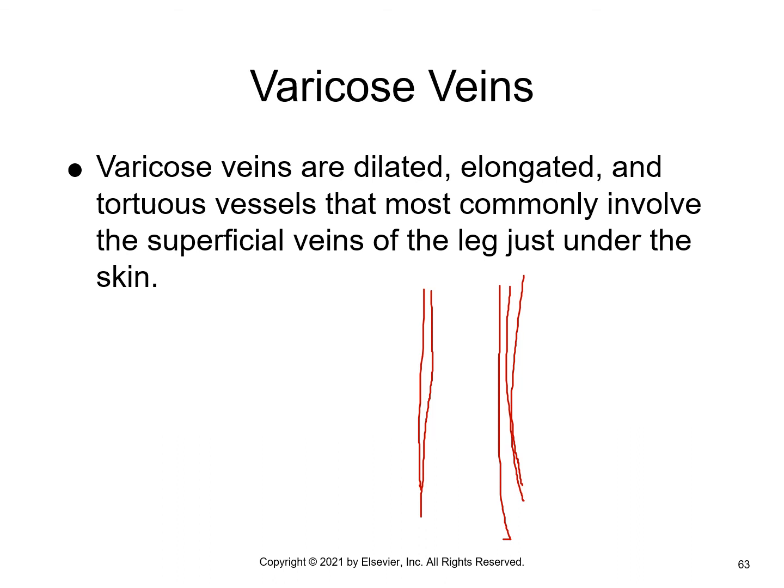The other thing that can happen is that the innermost layer is going to have valves. They're just folds that come together so that when blood gets pushed past a valve and tries to go backwards, those valves don't let it. Sometimes people will have valve incompetency, and these valves will stop working.